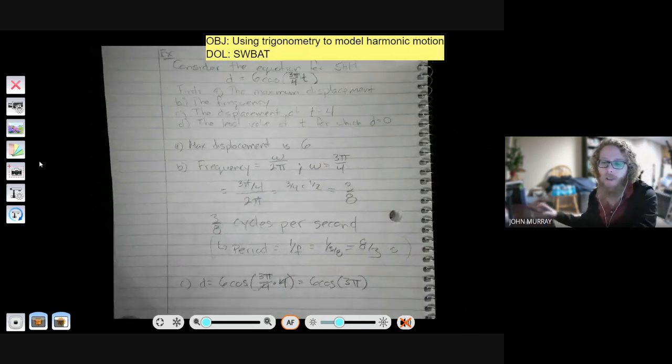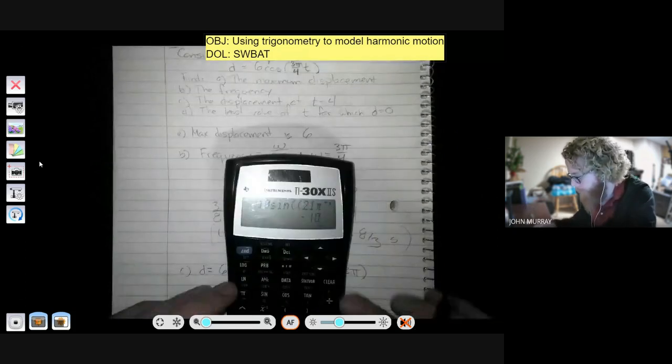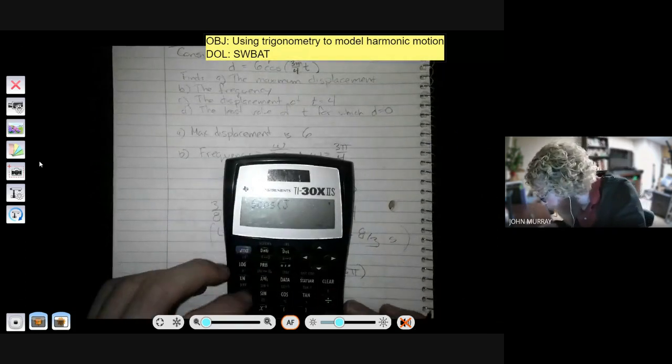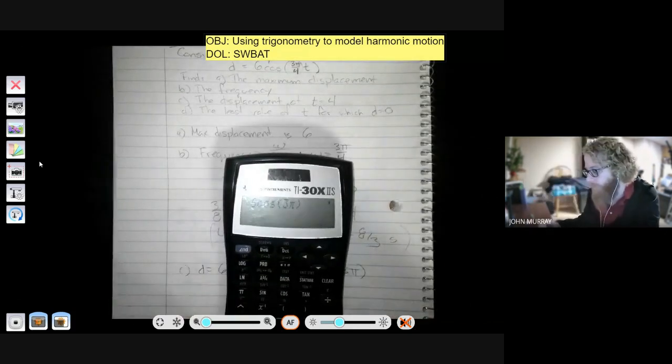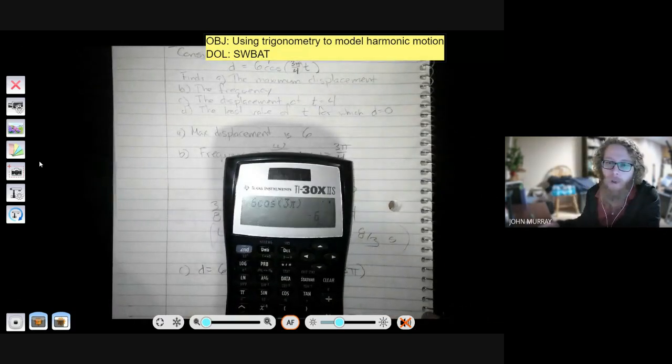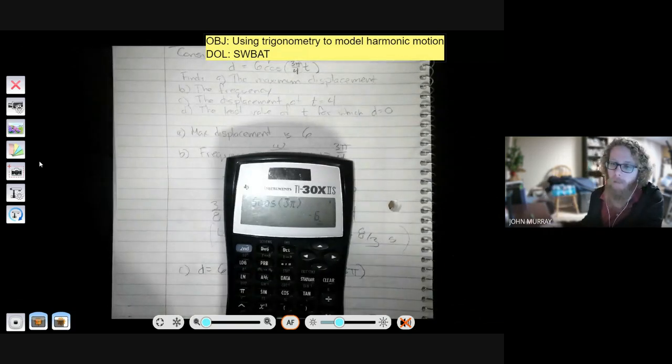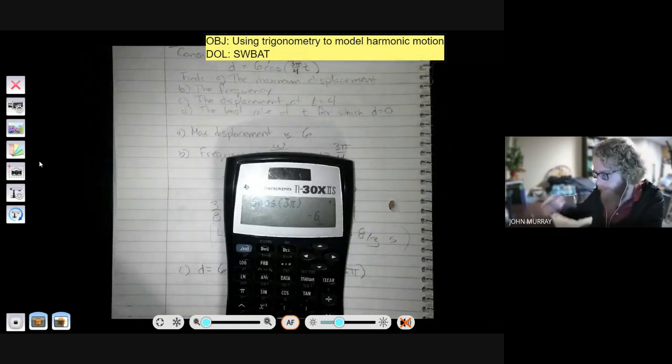So we're finding 6 cosine of 3 pi. And we're at -6. So that means we're at the bottom of our rotation, or of our whatever it's happening.